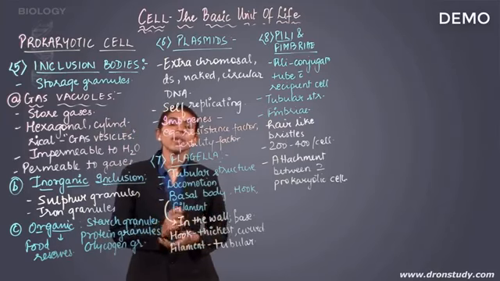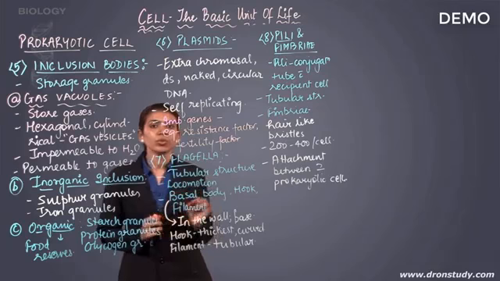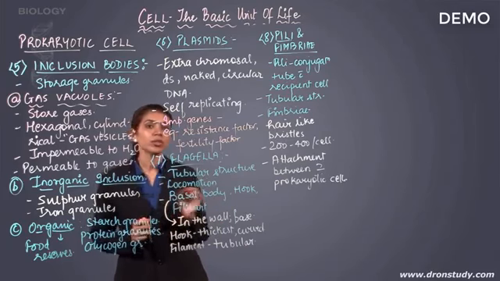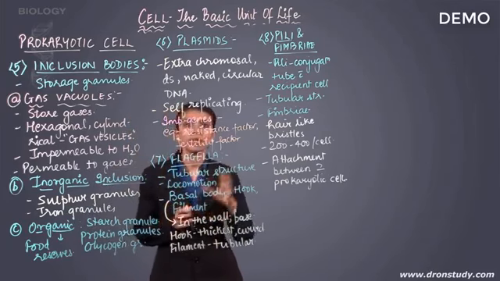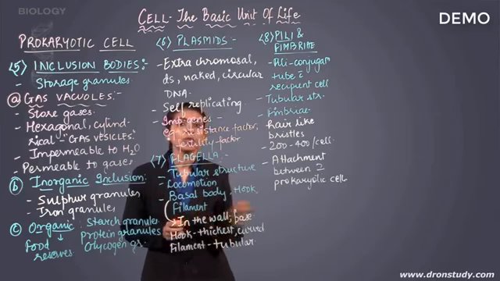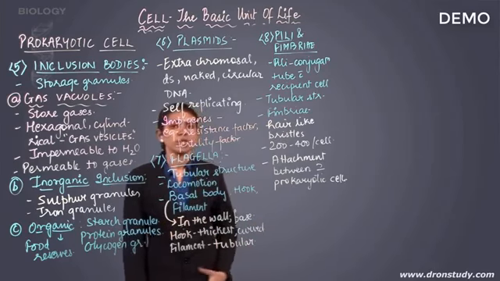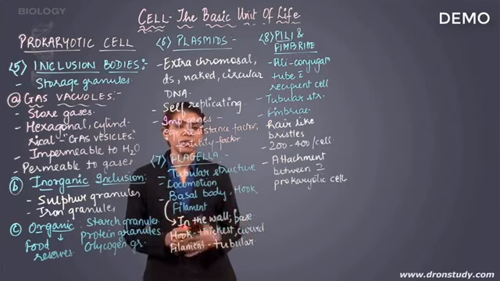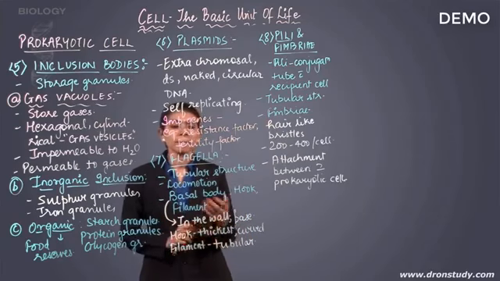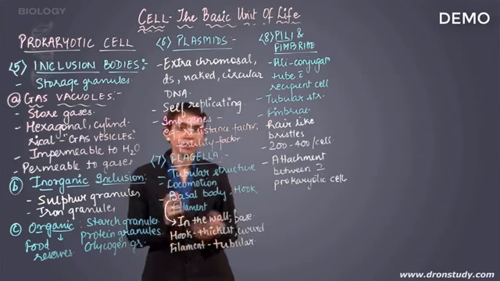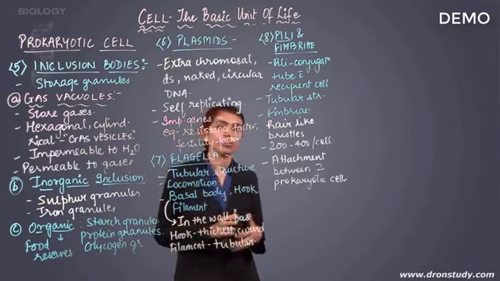Coming to plasmids, plasmids are basically extra chromosomal DNA structures. These are extra chromosomal double-stranded circular naked DNA, capable of self-replicating. They have important genes, for example, the gene having the resistance factor or the gene having the fertility factor. Also, we have the flagella, which is a locomotory organ of the bacterial cell.